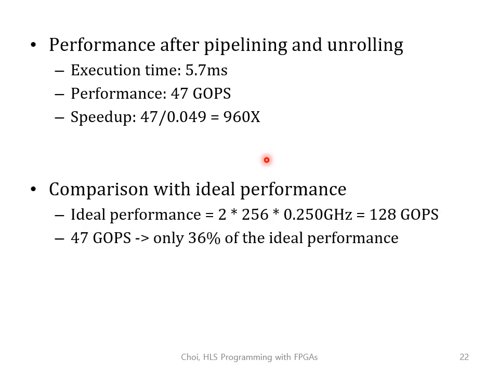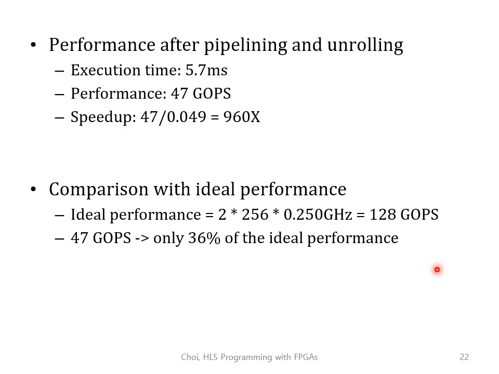So now let's try to figure out if this performance is good enough or there's an opportunity for more. To do so, we can compare with the ideal performance. The ideal performance can be computed considering that we can do 256 MAC operations per cycle.